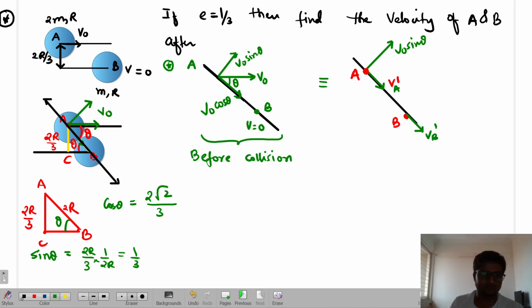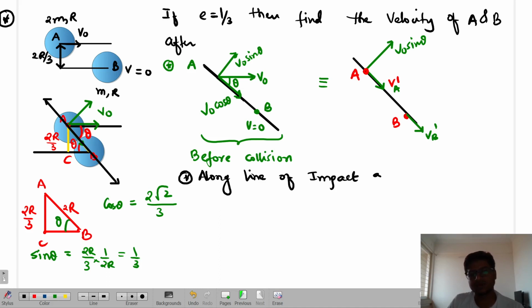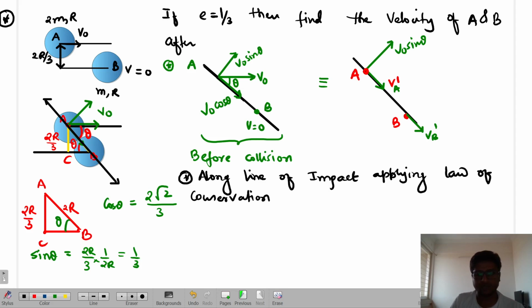So along the line of impact, if I apply the law of conservation of momentum, what will it be? Initially the mass 2m has this velocity while the mass m was at rest.